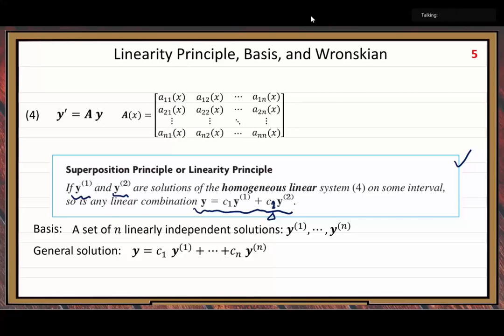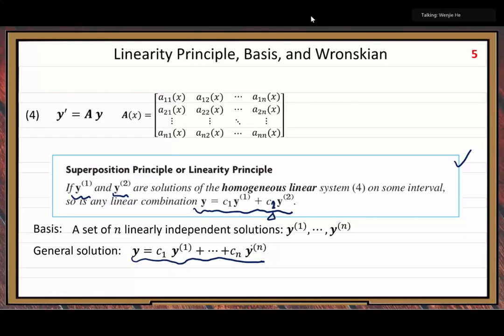And the good thing is this general representation covers all the possible solutions. If we take this linear combination form to represent the general solution, then we won't miss any solution.